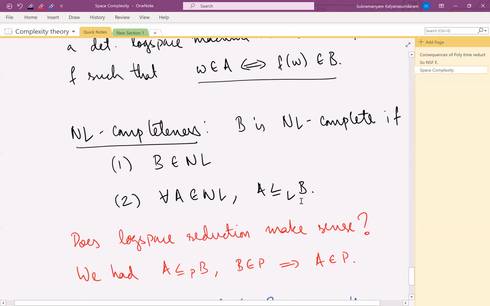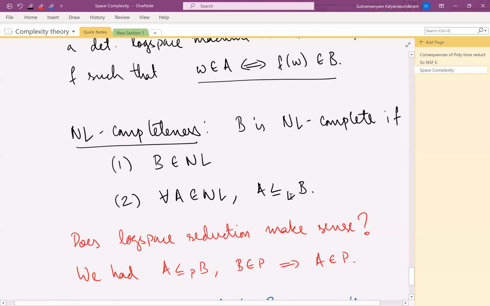So recall there was an exercise that said that in NP completeness, what happens if you use exponential time reductions? The point is that if we use exponential time reductions, then everything could be solved, because we could just solve everything in NP in exponential time. Just like that, here it doesn't make sense to use polynomial time reduction, because polynomial time is a bigger class than NL. So everything in NL can be solved in polynomial time.